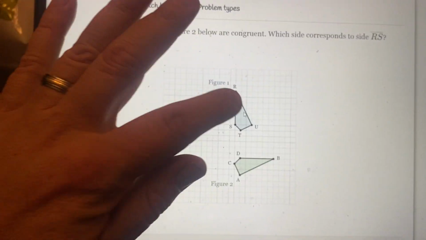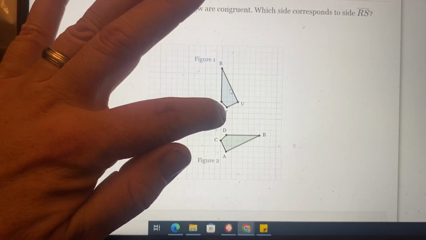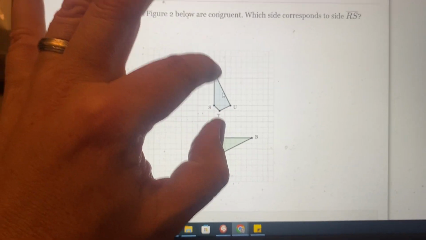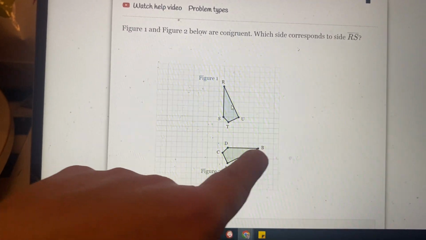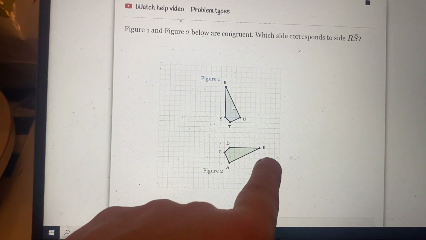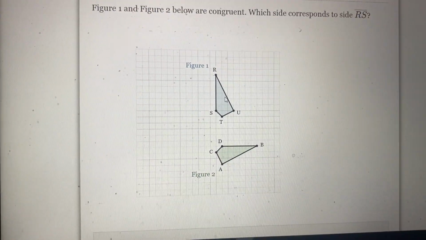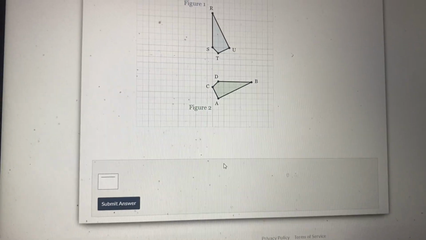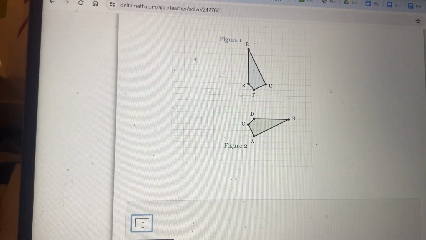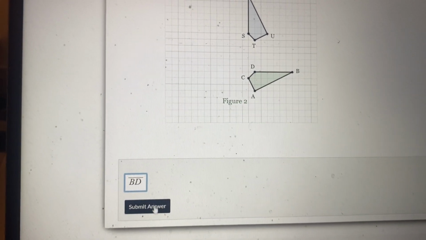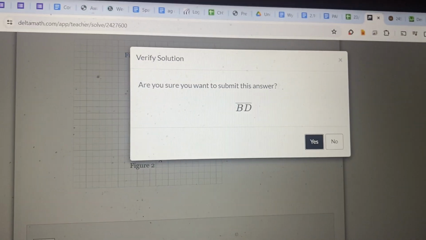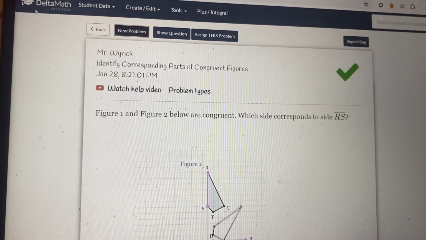If we look really hard, this is a vertical side. It's shorter than this RU. So this one is going to be the one that matches up to it. Since it says RS, we want to go with BD as our side. And again, it tells us side. It looks like a side down here with the line over the top of it. So we submit that answer and it says yes.